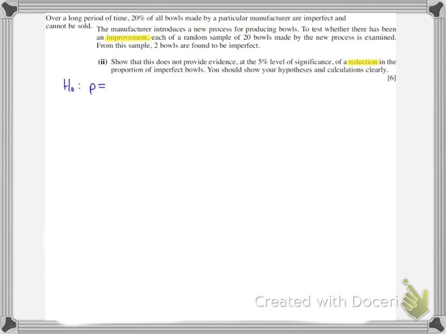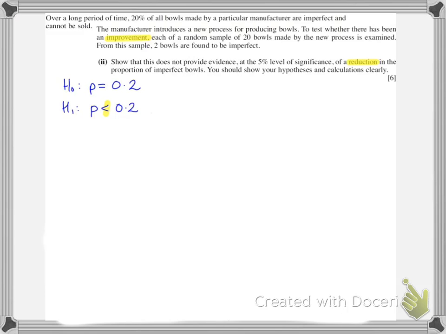What we don't want to do is look at this result and say, oh, that's 2 out of 20, and use 2/20 as our p-value. So p equals 0.2, 20%. That's what we're testing. Is the proportion still 20%? So our alternative hypothesis, in this case, because we're looking for a reduction, we're looking to see if the probability is now less than 20%. So less than 20% of the bowls being imperfect is what we're aiming to find.